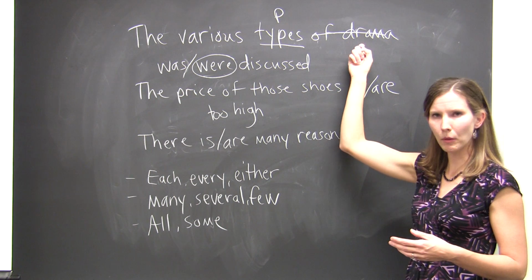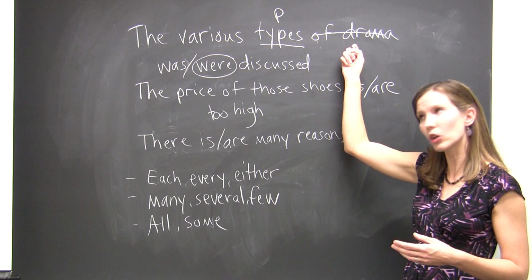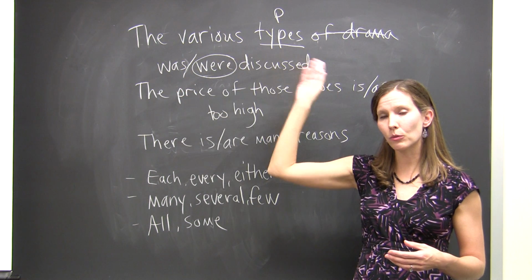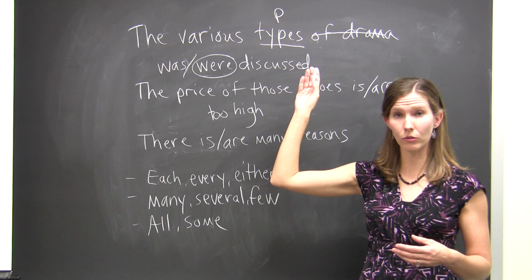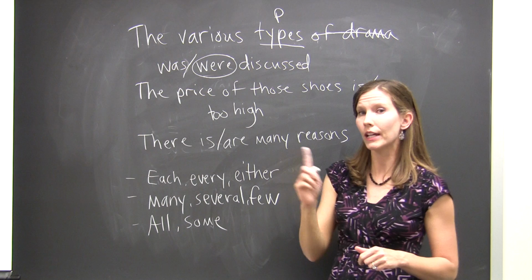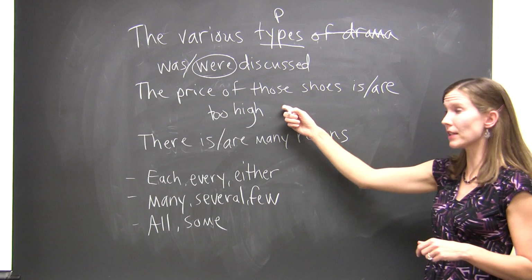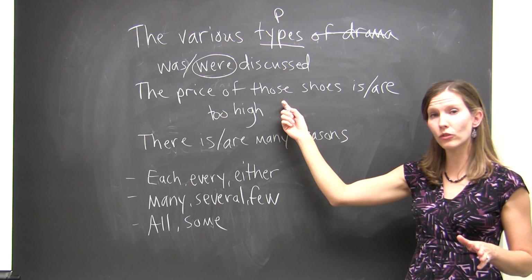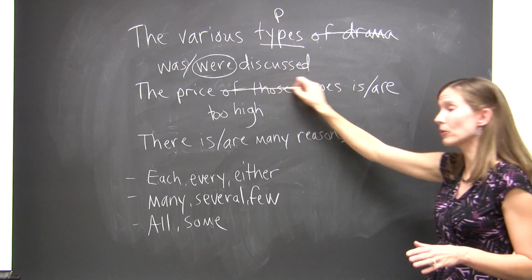If you thought drama was the subject, that's a singular word, you would choose the wrong verb then. So you can see how this would be confusing. That's why it's so important to eliminate prepositional phrases when you're trying to find the subject of a sentence. Here's another example. The price of those shoes is or are too high. Get rid of the prepositional phrase, which is of those shoes.